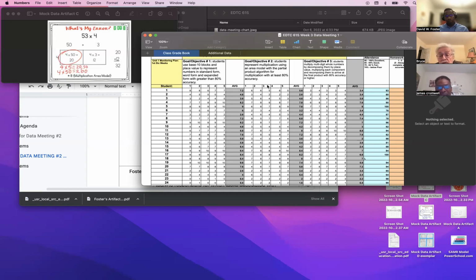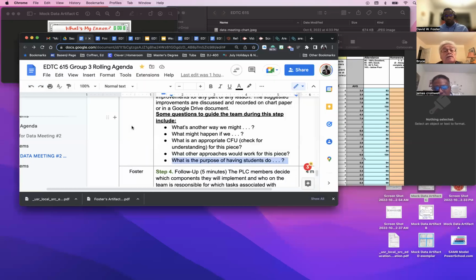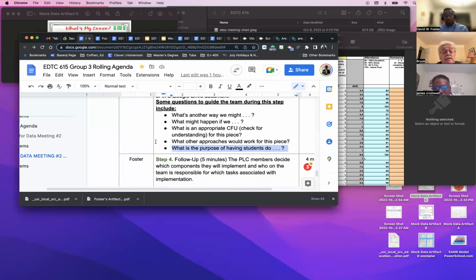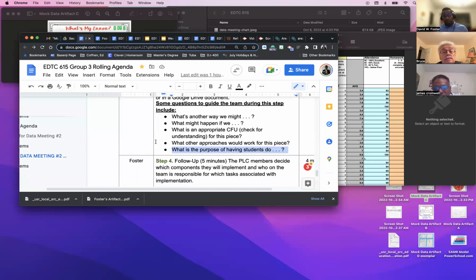So you're looking for an optimum time, right? Right. That's a good way of putting it. Yes. Okay. So, Foster, we can take James's suggestion and say, what is the best optimum time for students to do this? Okay. Yes?